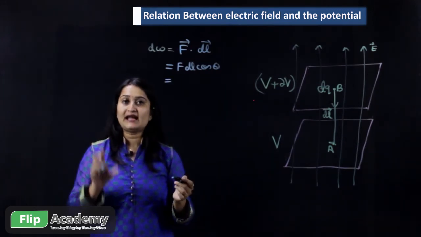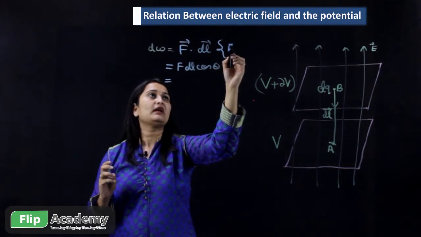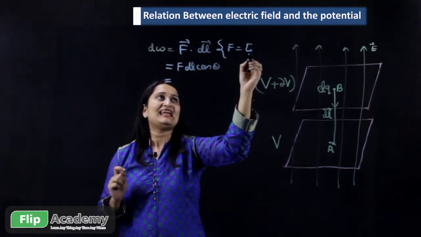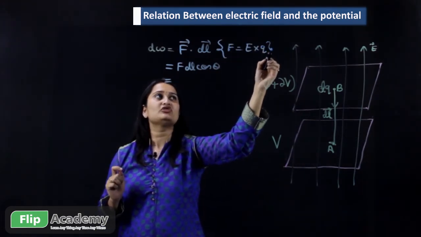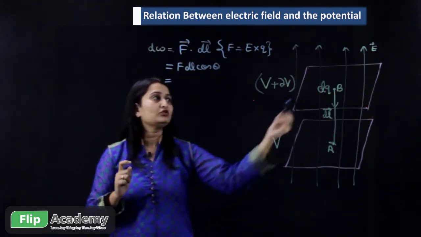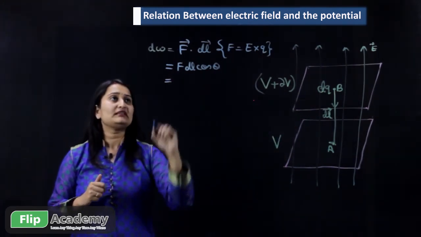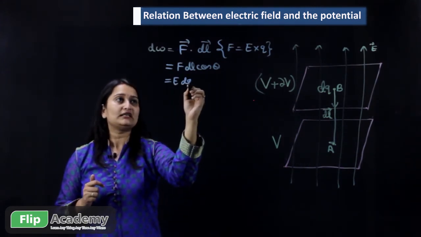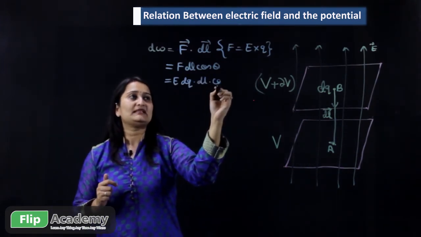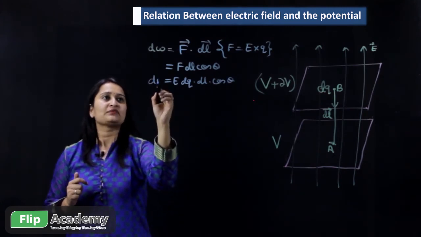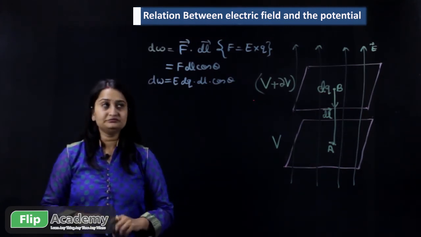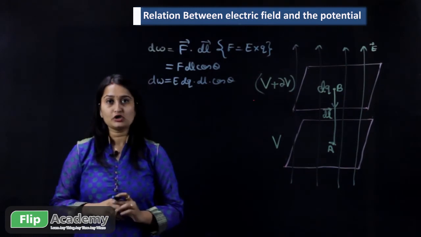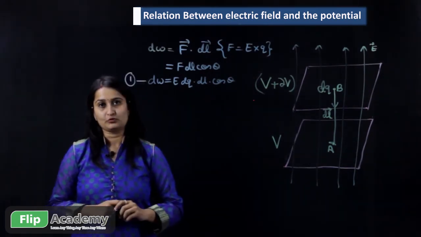Force is given by electric field intensity into the charge. Here I am talking about the charge dq. So the force is substituted by E into dq, and all the other values remain the same, dl cos theta. So this is the work done, and this is the formula for work done as equation number 1.